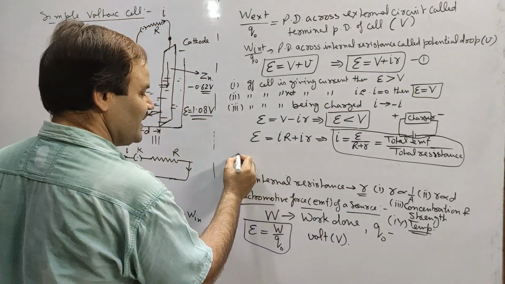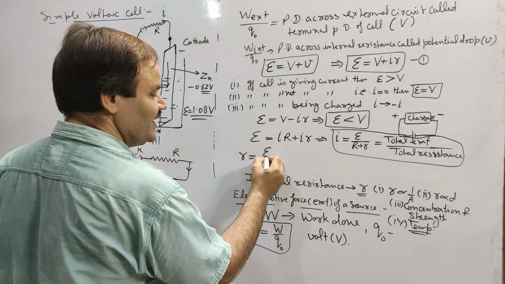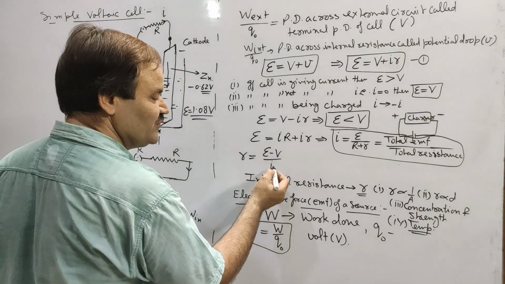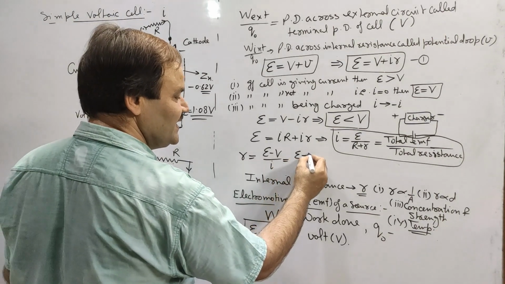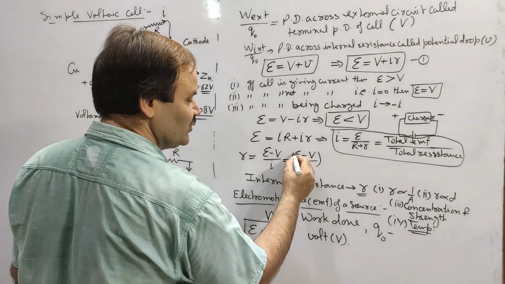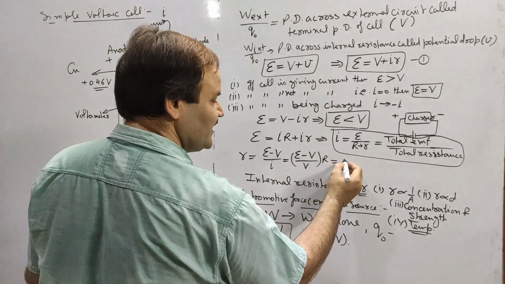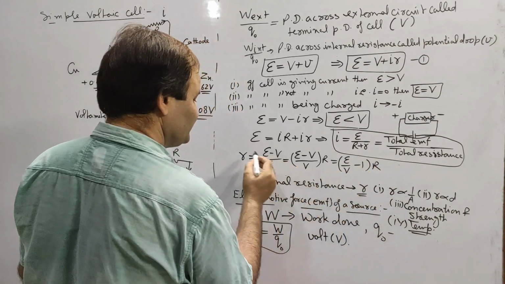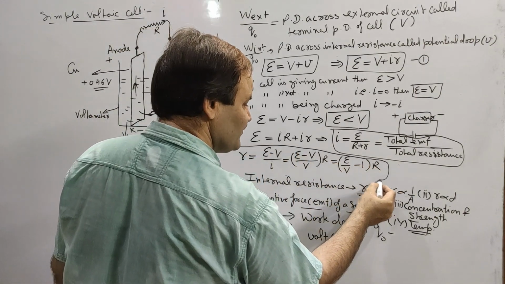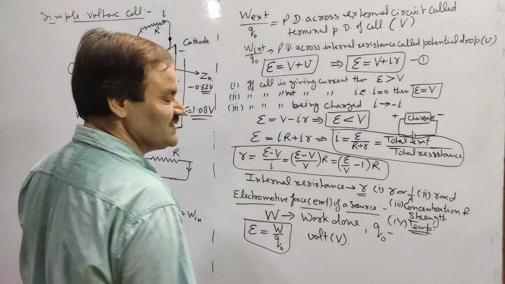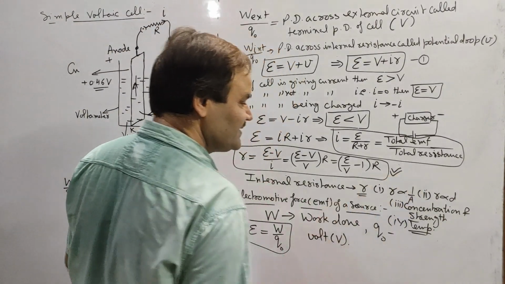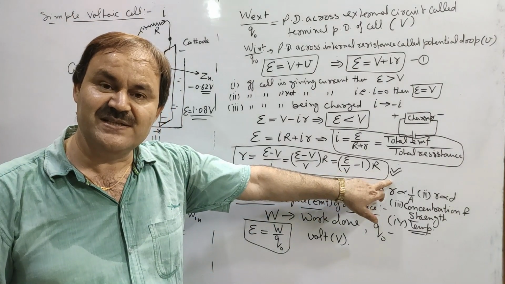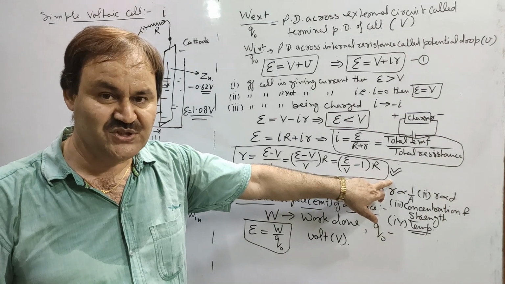From this expression, r is equal to E minus V upon I. I is equal to V upon R, so it can be written as E minus V upon V into R, or you may say E upon V minus 1 into R. This is the expression for the internal resistance of the cell, and I will require this expression when we determine the internal resistance of a cell using a potentiometer.